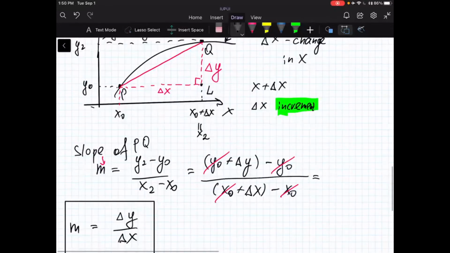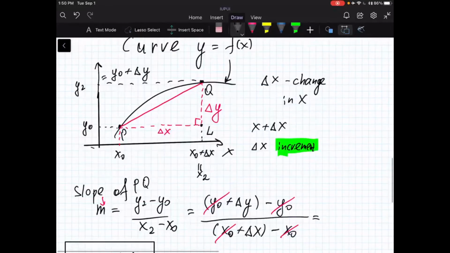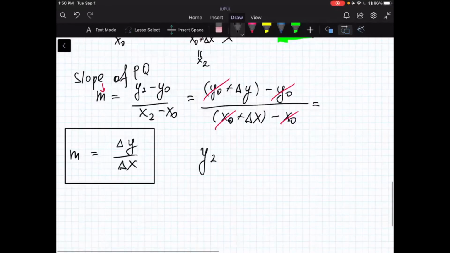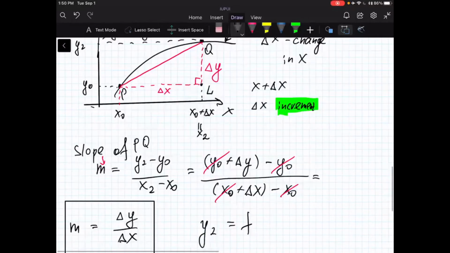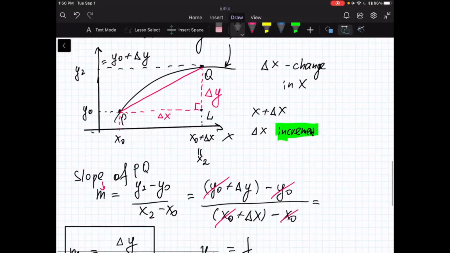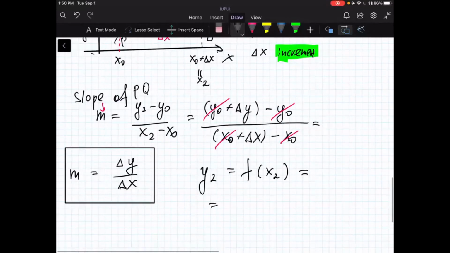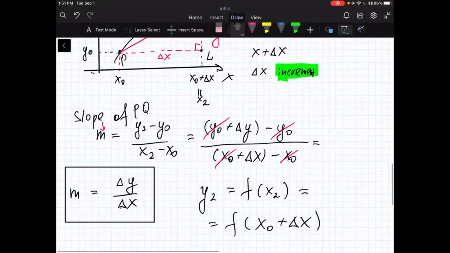Then we can calculate the value of y2. y2 is the value of our function at point x2, right? But our x2 is what? It is x0 plus delta x, so y2 is f of x0 plus delta x. Correct?